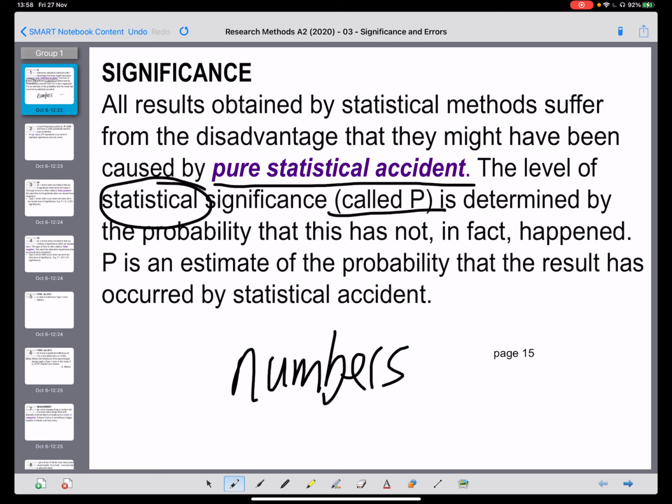If the answer is no, we say my data is unique, and therefore it is significant. So going back to probability, or P, we're asking, what is the probability that my data is down to pure statistical accident?